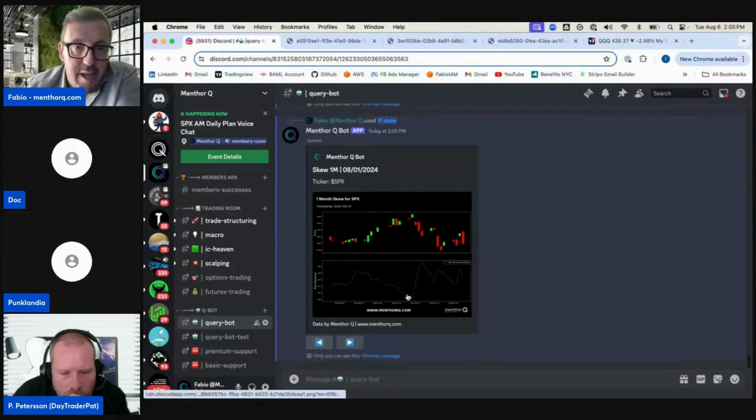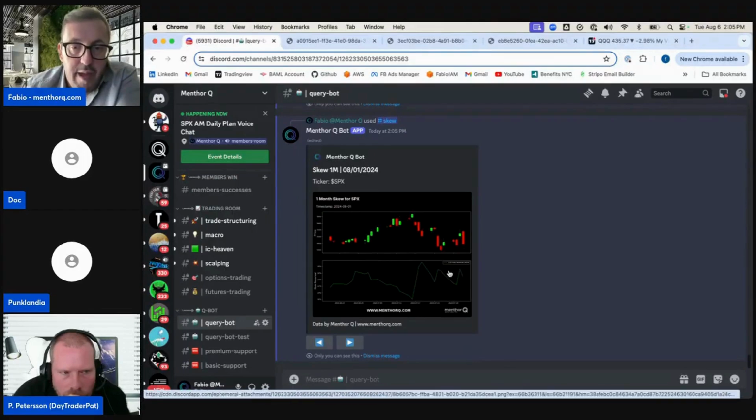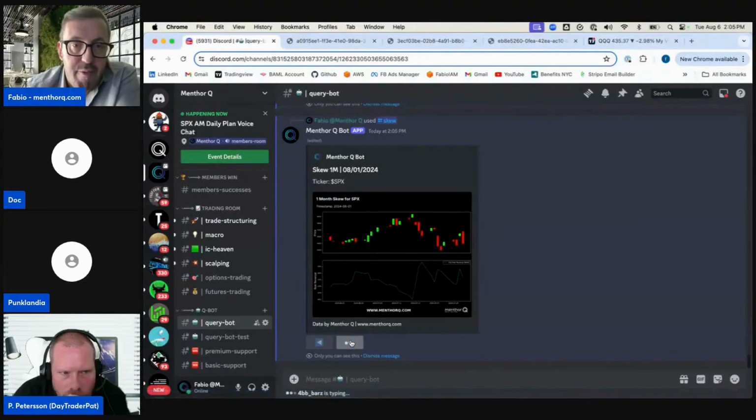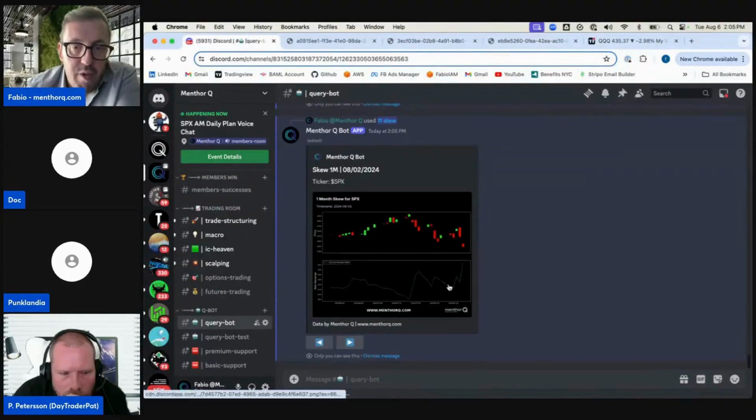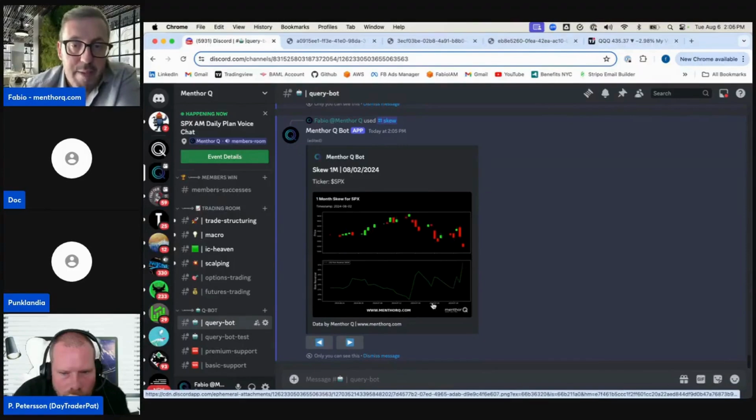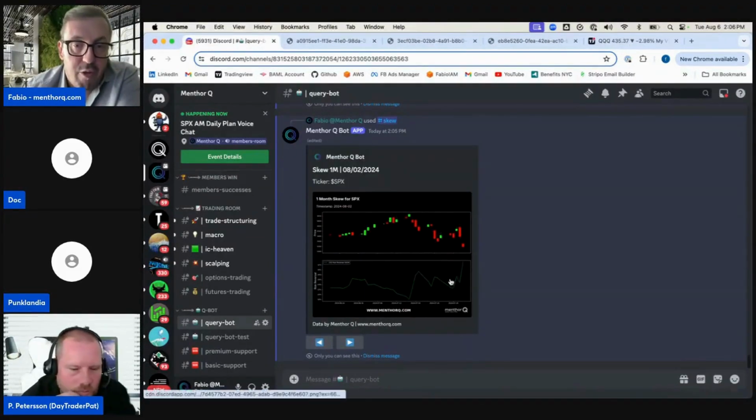As you can see, if we go back to the first, we see a shift more towards the call side. But if we go back to the second, we see an increased spike in put volatility at the 25 delta. So out of the money puts are actually becoming more expensive than out of the money calls. The market is really starting to protect themselves on those out of the money puts.